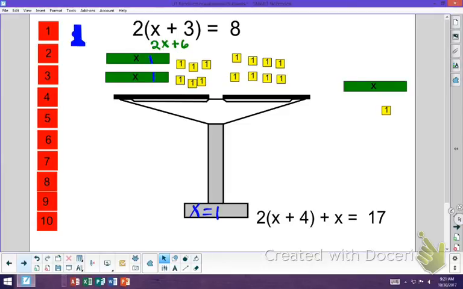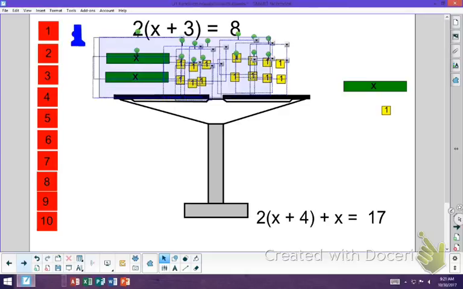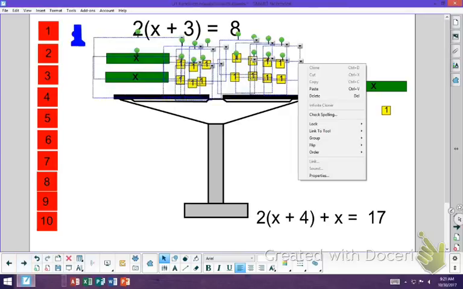So 1 plus 1 plus 1 plus 1 plus 1 plus 1 plus 1 plus 1 is 8. And over here we have 8. So our check is 8 equals 8. All right, I'll erase this. We'll remove these. Delete. Pull this down and we'll solve this one.